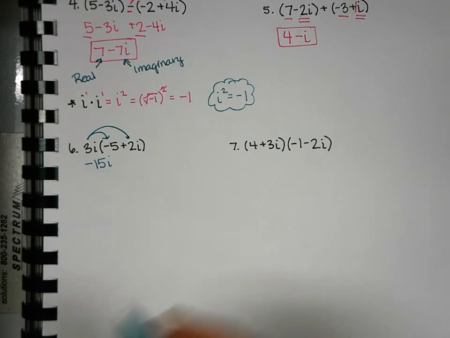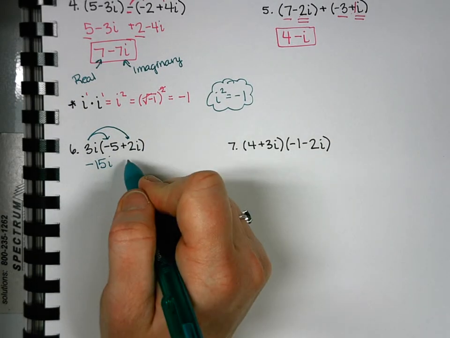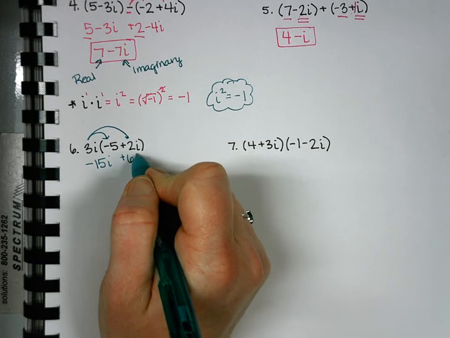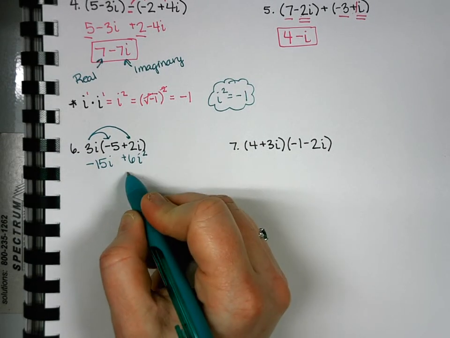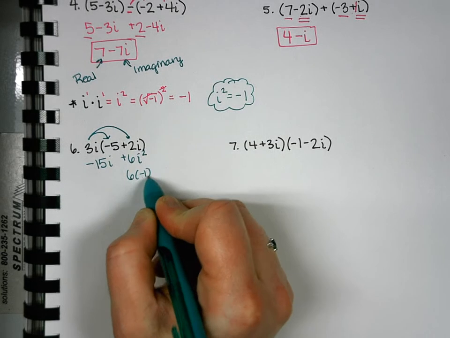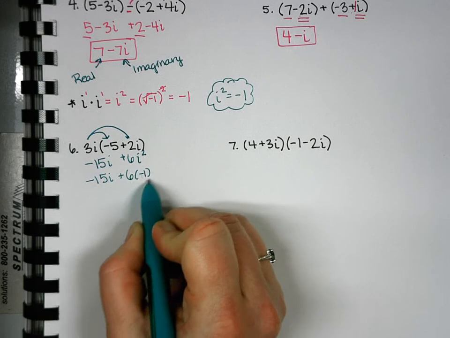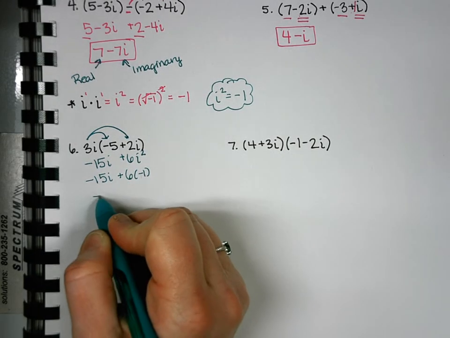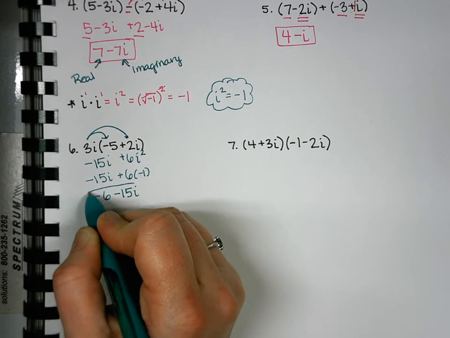So this will be 6i squared. But what does i squared equal? i squared equals -1. So what does this become? -6 minus 15i. And there's your answer.